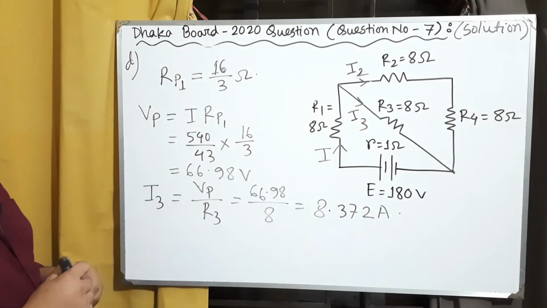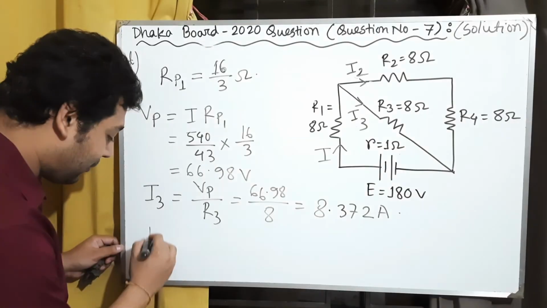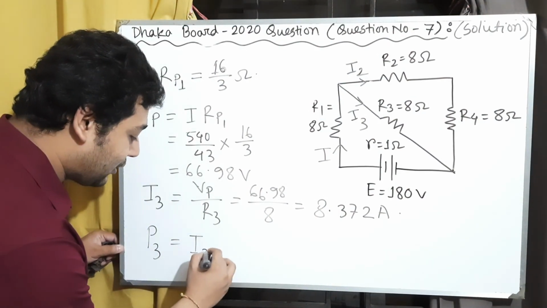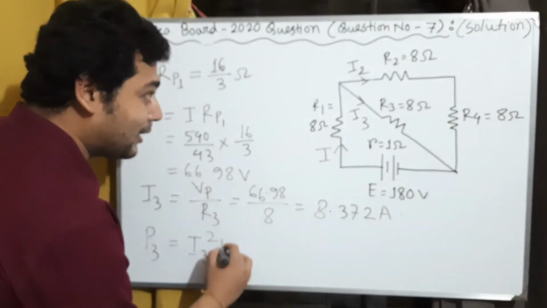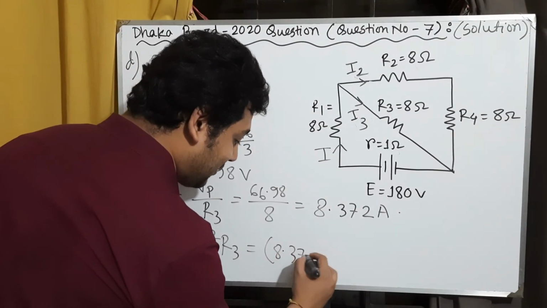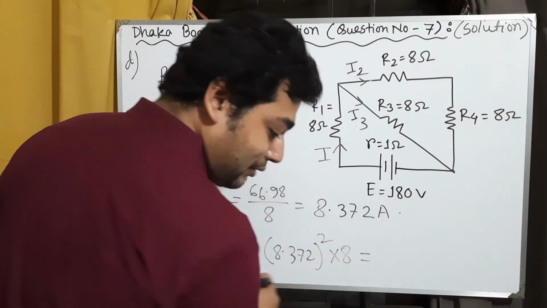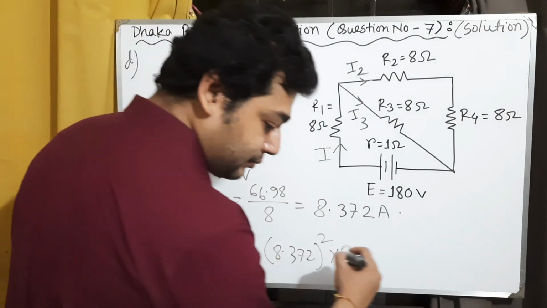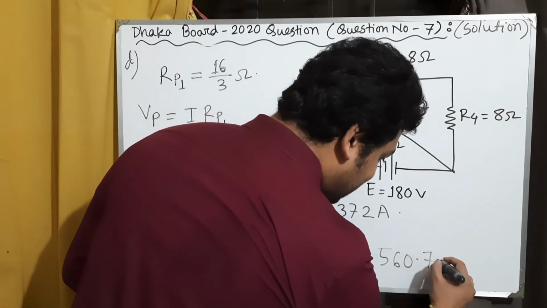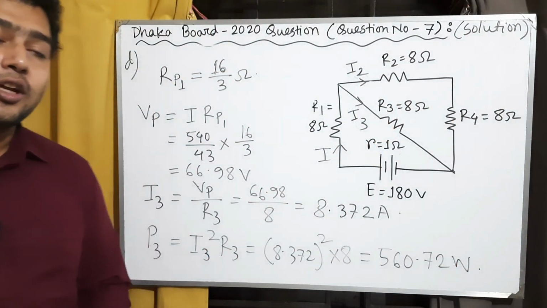Current I3 passes through R3, so the power of resistance 3 is P3 equal to I3 square R3, which is 8.372 whole square into 8. Calculating, we get 560.72 watt.